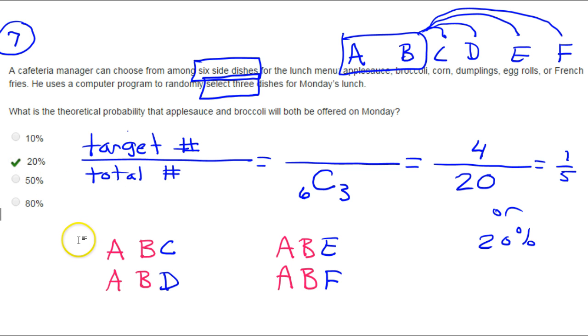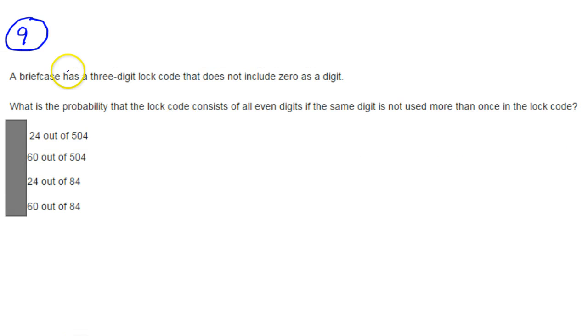Boom, there you go. A briefcase has a 3-digit lock code. That does not include 0. No 0. All right, as soon as I see no 0, that tells me that there are 9 choices.